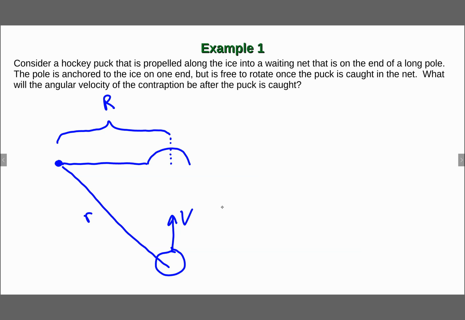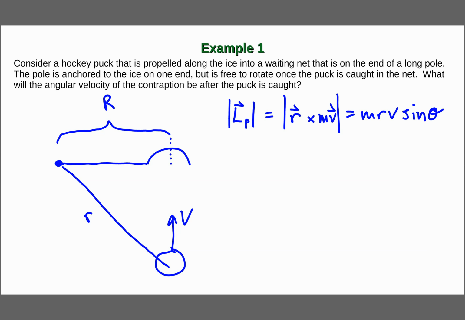So if we look at the angular momentum of the hockey puck, when we're starting, that's r cross p, which is r cross mv, which is mrv sine theta, where theta is the angle between r, which points like this, and v.